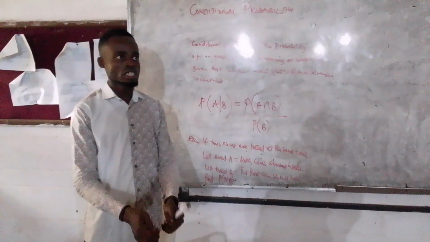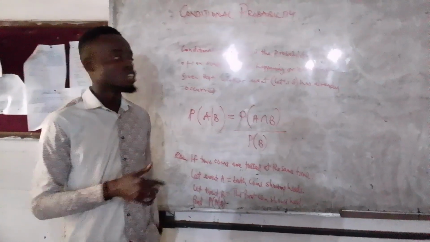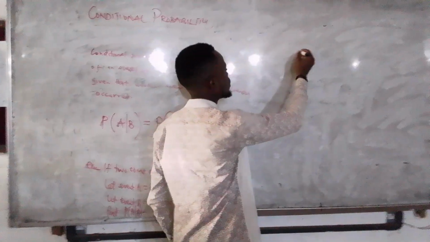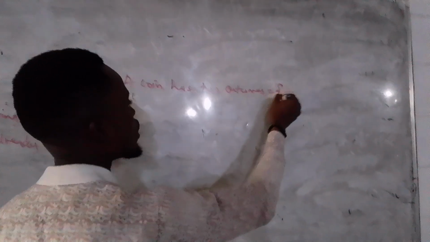Alright, so we have two coins here. The two coins are tossed simultaneously, that means at the same time. And you know that a coin has two outcomes, which are head and tail.